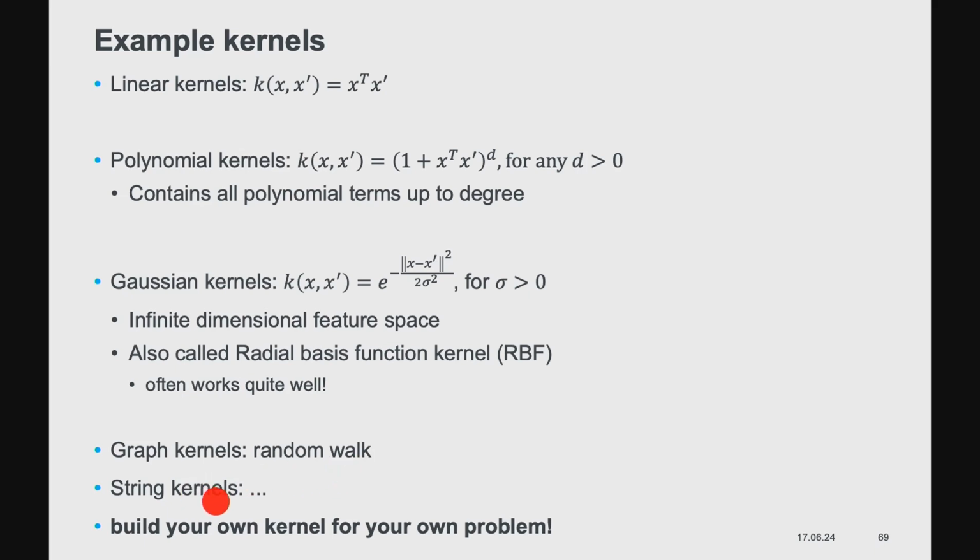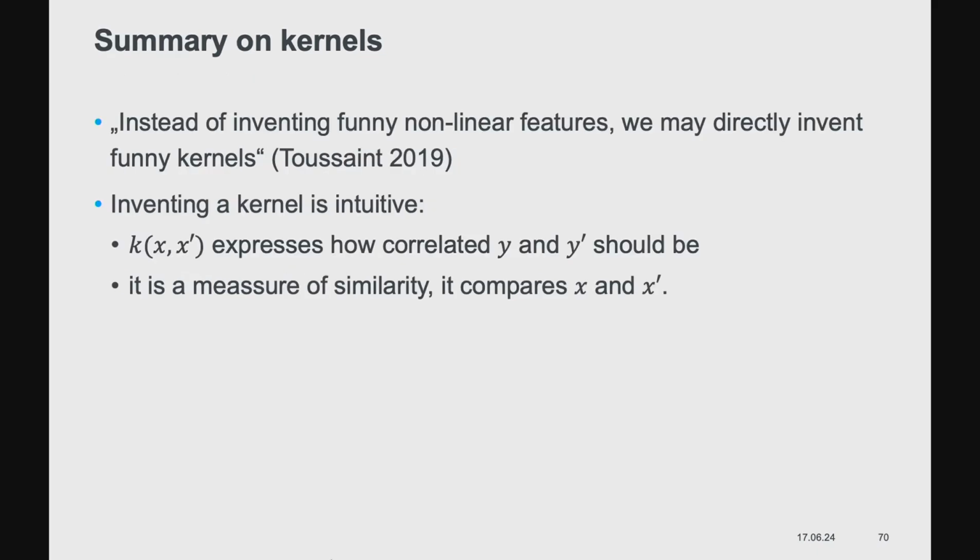You can do this with strings, edit distances and stuff like that, which would otherwise not be possible. So you can build your own kernel for your own problem and use this with your support vector machine, even in spaces that are very hard to imagine. As I think I said before, instead of inventing funny nonlinear features, we may directly invent funny kernels. That's what Marc Toussaint said.